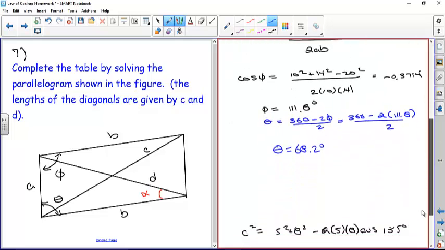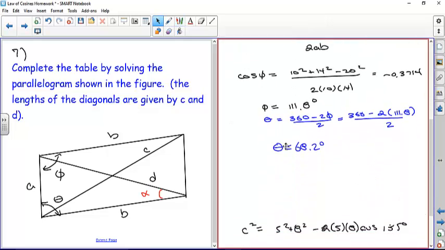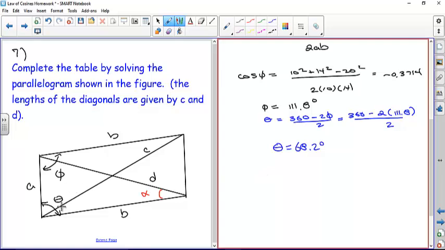So now that we have theta, we can use the law of cosines again. The law here is with theta, a squared, b squared, and d. So we're trying to find d. So d squared is equal to a squared plus b squared minus 2ab times the cosine of theta.